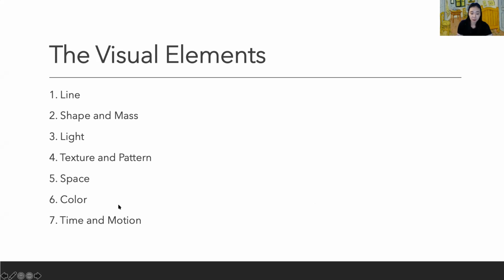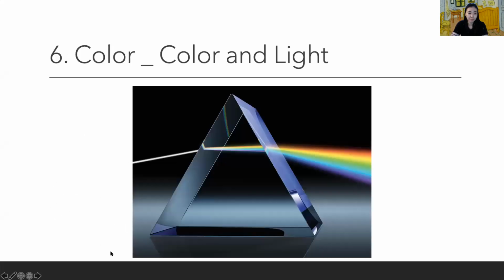Let's see the color and time and motion visual elements. Let's see the color first. So this is a prism to see the light's color. Science tells us that we cannot perceive color without light. Light consists of energy that travels in waves, much as water forms waves.